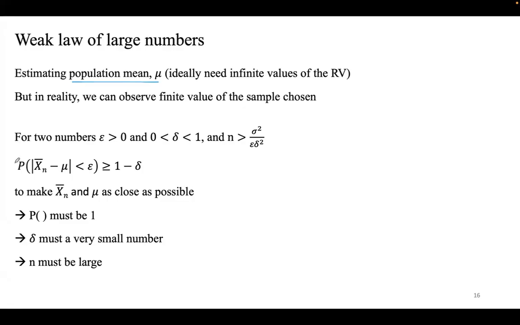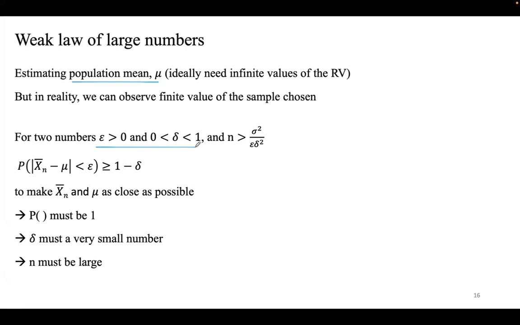So the probability we want to be as close to 1 as possible, so 1 minus a very small value, right? This is what we want. The difference is a very small value. The probability of this happening should be a value as close to 1 as possible.